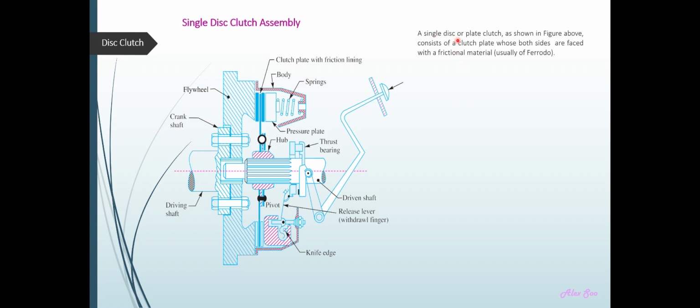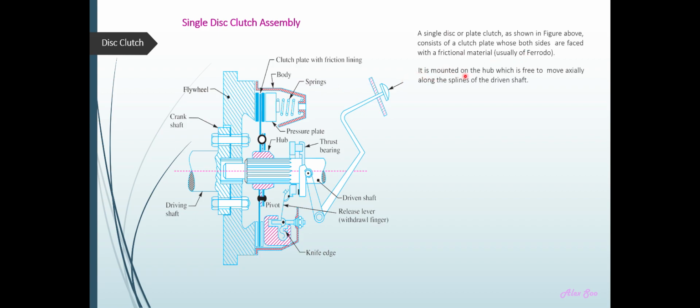A single disc or plate clutch, as shown, consists of a clutch plate whose both sides are faced with frictional material. Both sides, that means one side here and the other side here, both sides being effective.